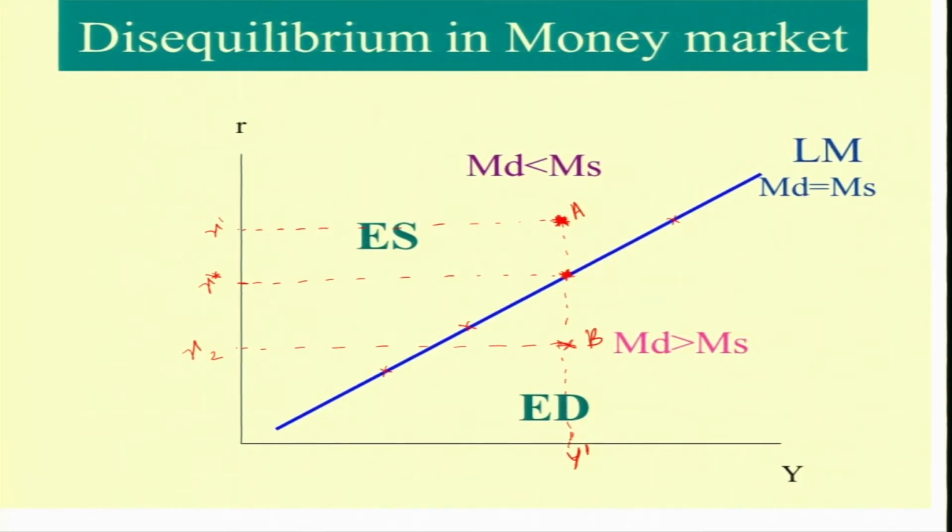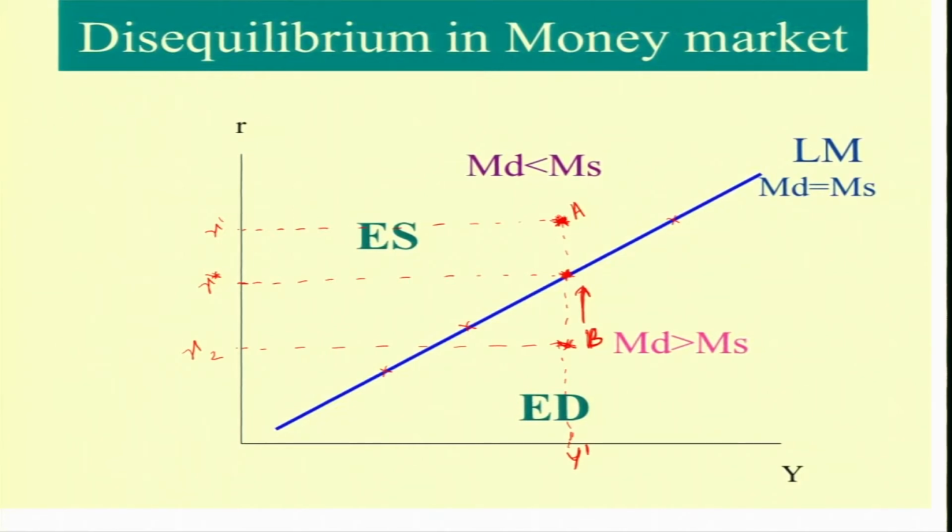As a result, people will demand more money for transaction purposes. When people demand more money, demand for bonds will come down, bond price will decrease, and then the rate of interest will increase, right? So finally point B is not going to be the equilibrium. There will be an upward pressure for the rate of interest to increase.